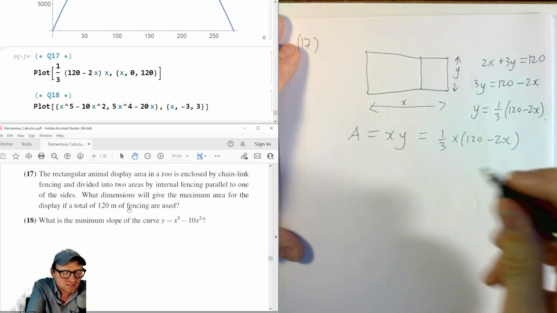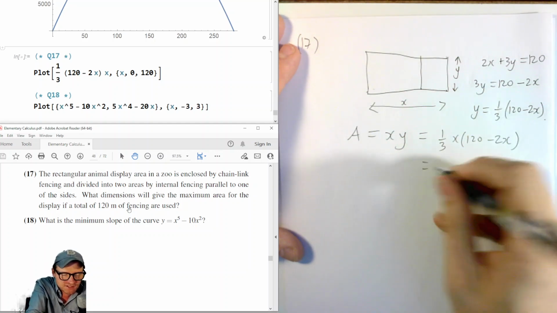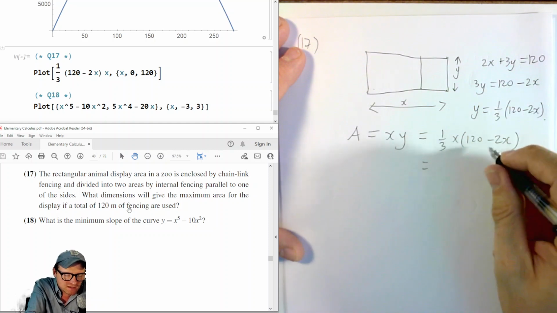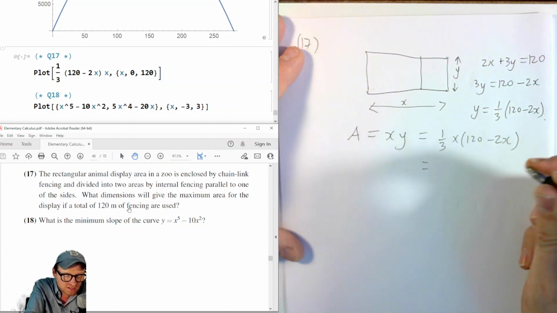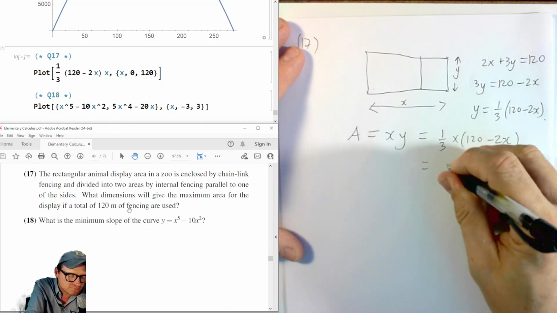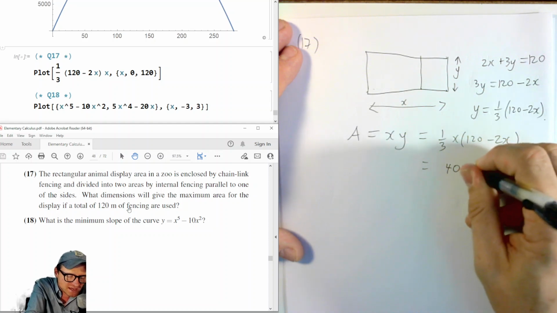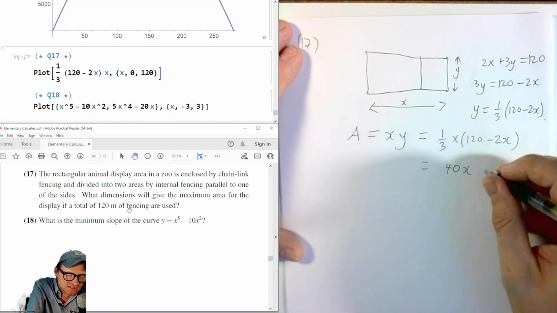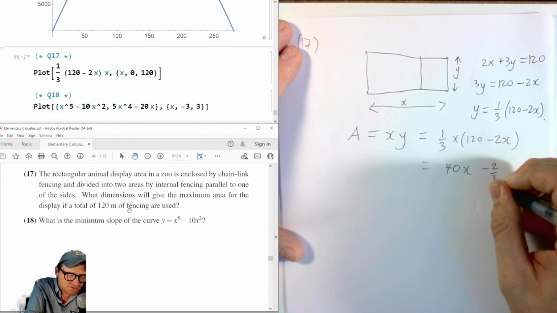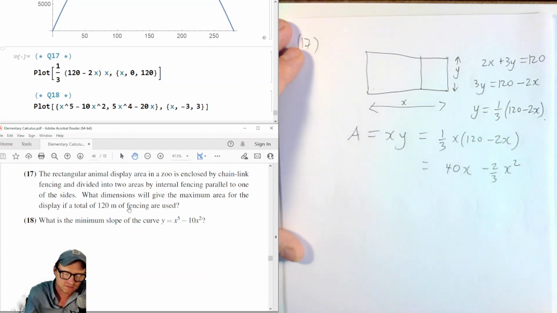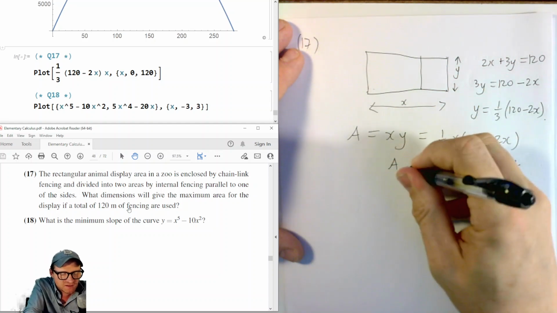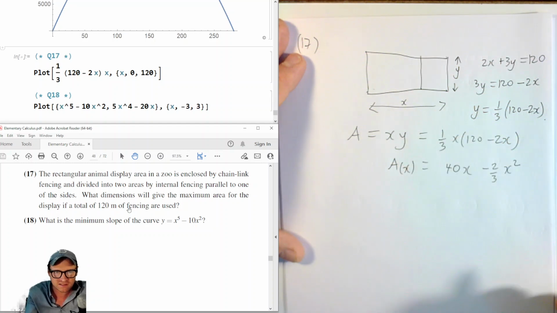Now let's expand this because it'll be easier to differentiate. When we expand this, 120 divided by 3 is 40, so 40x, and then minus 2/3 x squared. Okay, so there's the expansion of A, and it's now a function of x.